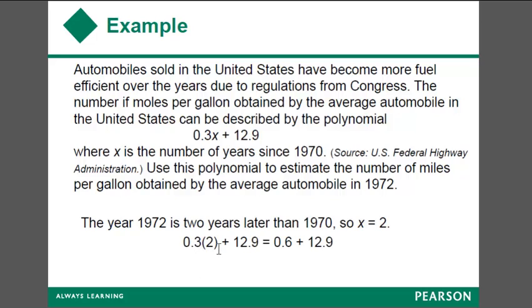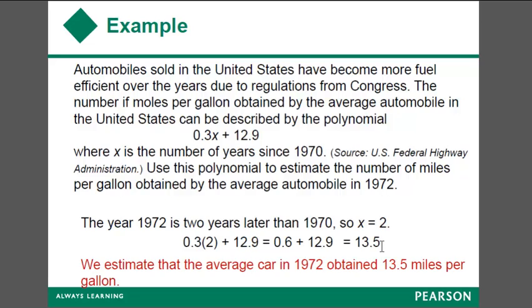I get 3/10 times 2 plus 12 and 9/10. 3/10 times 2 gives me 6/10 plus 12 and 9/10. 6/10 plus 12 and 9/10 gives me 13 and 5/10. So we're going to estimate that the average car in 1972 obtained 13.5 miles per gallon.